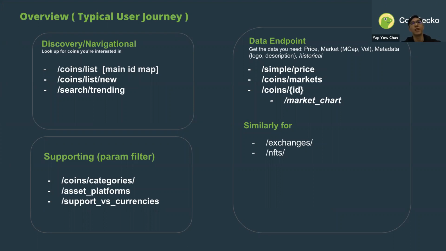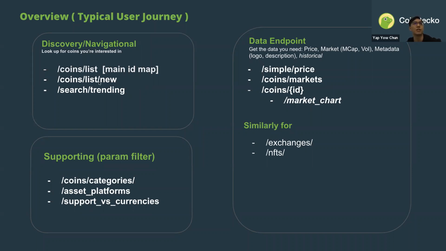With CoinGecko, we tend to categorize our endpoints into 3 categories: discovery, data, and support. With discovery, one trend of all these endpoints is that they tend to return data in bulk. The first example would be /coin/list, which returns all the active cryptocurrencies in CoinGecko.